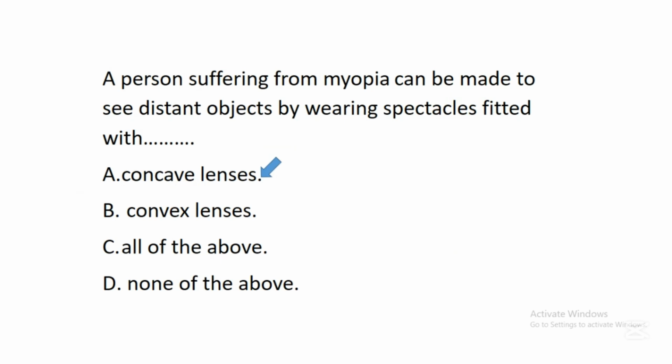So such an individual can be given spectacles made with concave lenses, so that when the individual wears these spectacles, it will help such an individual to see distant objects. So these concave lenses are lenses used to correct myopia in people.